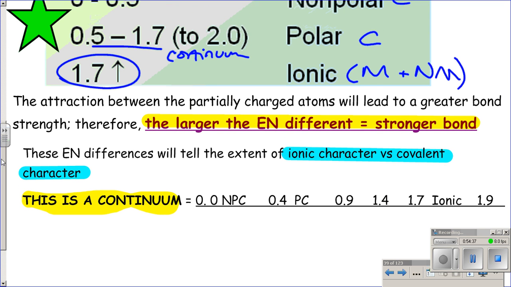This highlighted yellow part is probably one of the most important key facts you may not remember from Honors Chem. If your difference in electronegativity is very large, the bond is stronger.